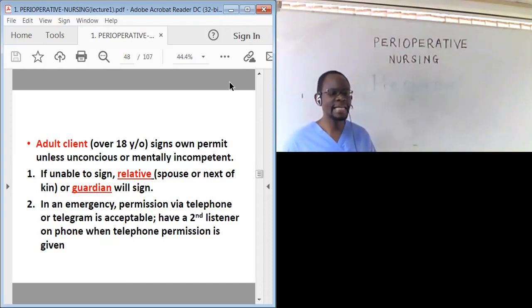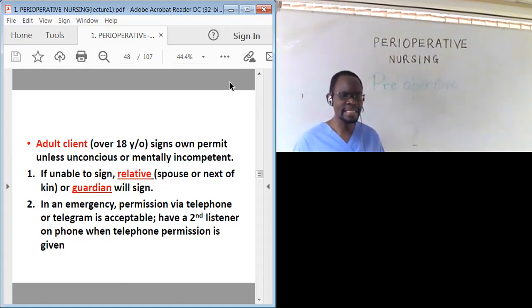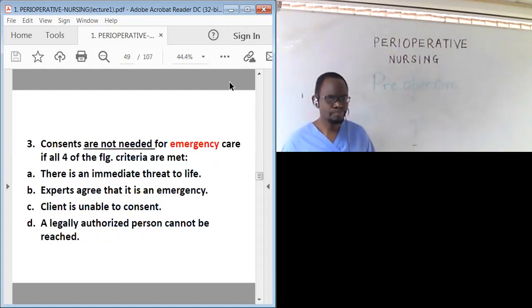In this case, it can be a relative, a guardian, or the next of kin. And of course, in an emergency, permission via telephone might be required. But if this is not possible, then upon the discretion of the surgeon, the patient can be rushed into theater in case it is an emergency.